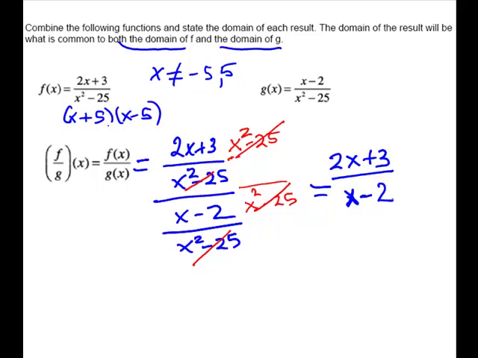So what we have to watch out for here for our domain, we have thrown away negative 5 and 5. We also have to throw away 2. So x cannot be negative 5, 2, or 5.